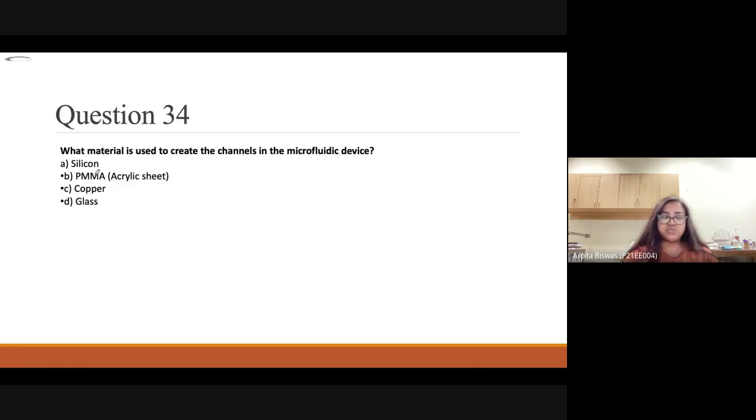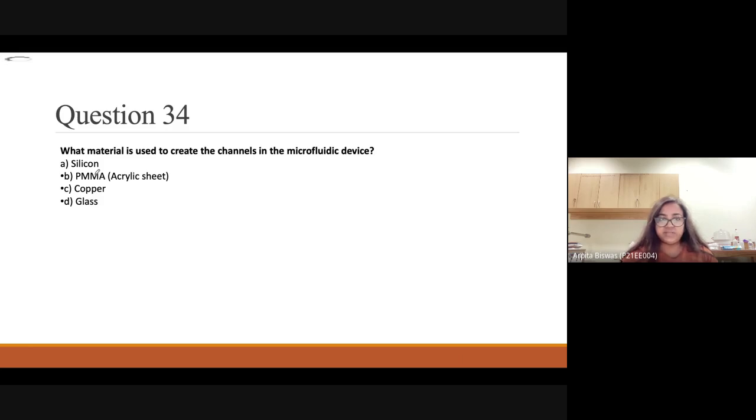So next, moving to question number 34. What material is used to create the channel in the microfluidic device? So the first option is silicon, the second is PMMA, the third option is copper, and the fourth option is glass.